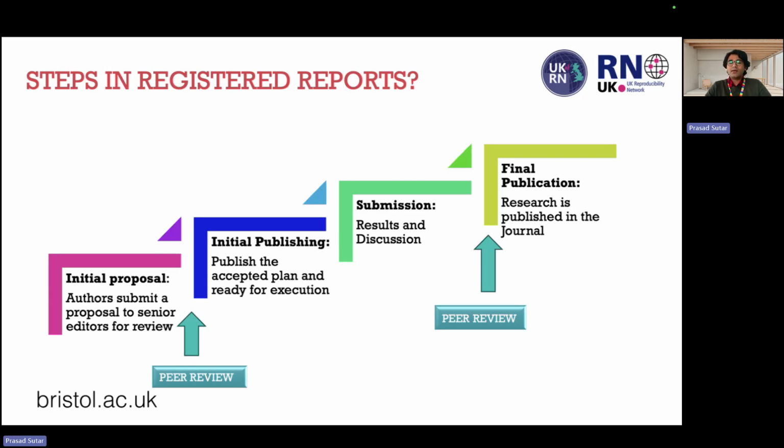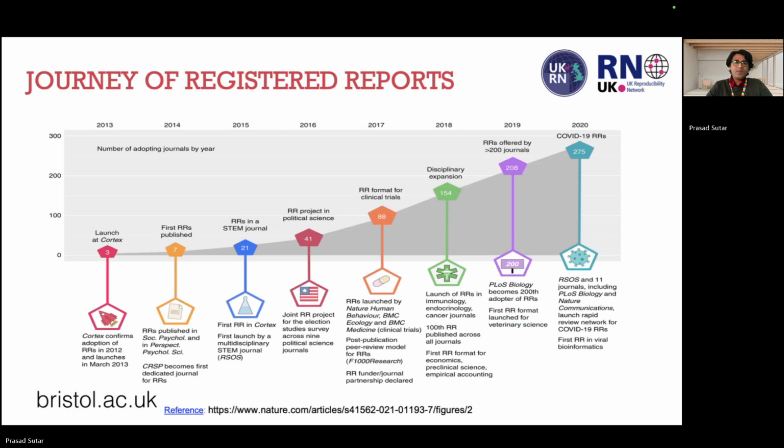And once you get a final peer review, then it is ready for publication. If the peer review is accepted, then your research is going to get published in the journal that you have decided. So now this is the journey of registered reports. After 2019, more than 200 journals have recognized registered reports, and they have added a section where, if the registered reports are peer reviewed and accepted, the journals will publish them in their particular publishing year.